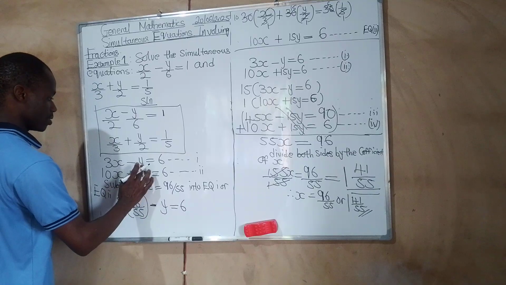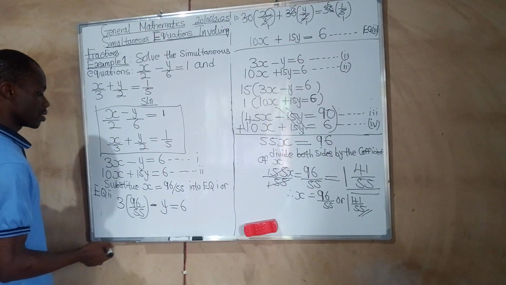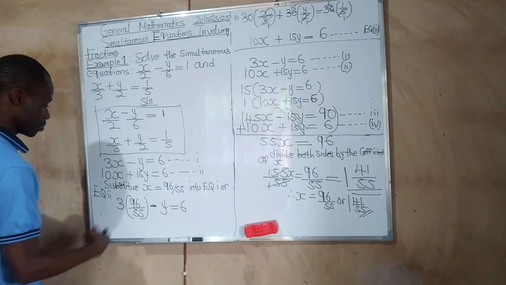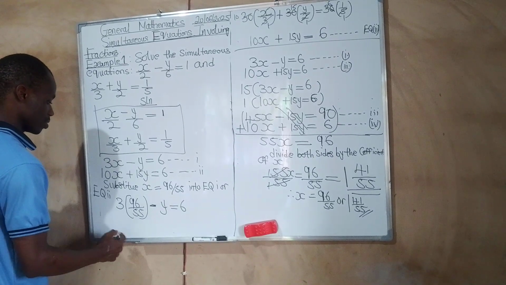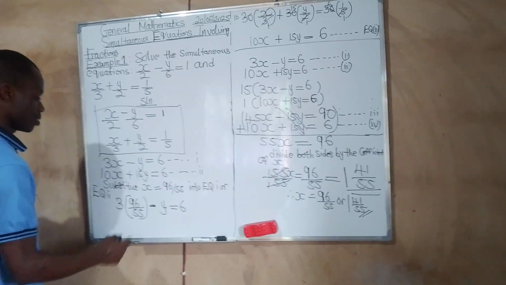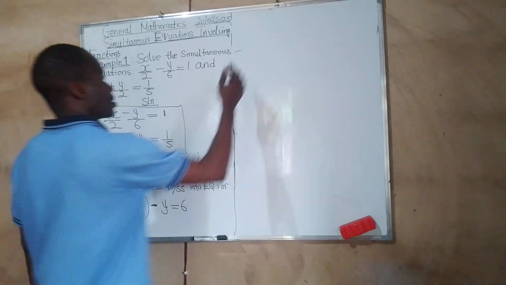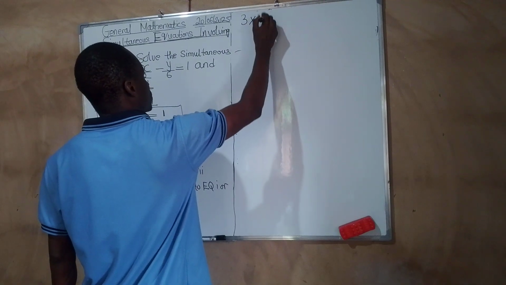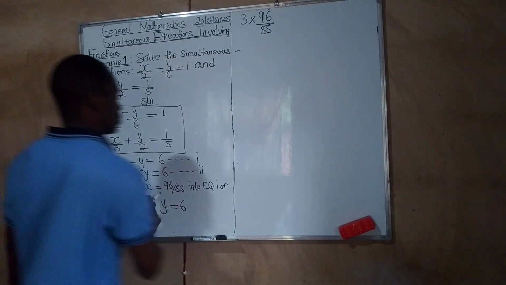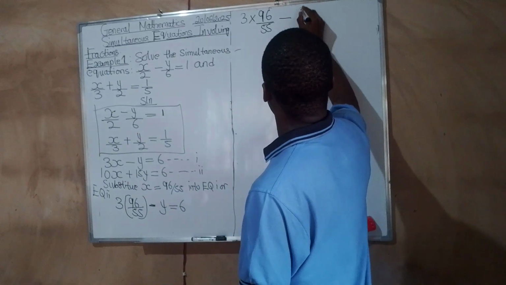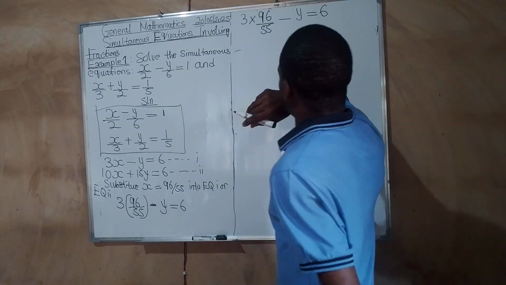There's nothing here, but we're going to use our brain and know what we're going to do. So we are going to do basic operations here, with times. So let's do it there so that it will be more visible. In this exercise, we say 3 times 96 over 55 minus y equal to 6.